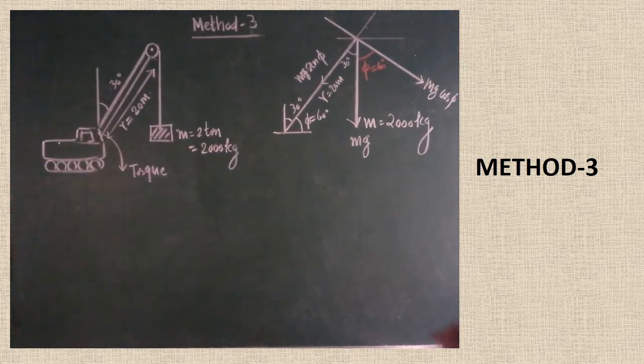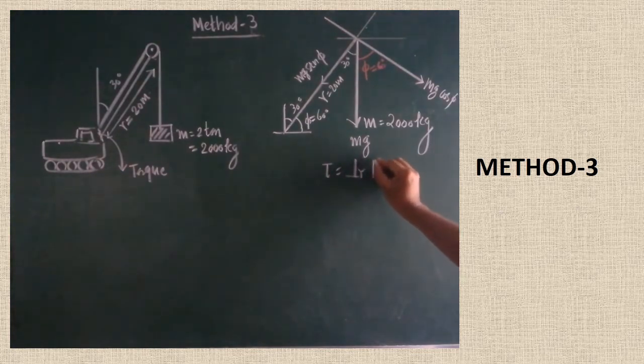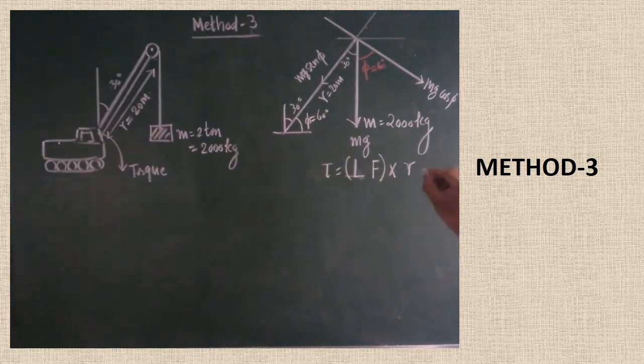Are you clear? Now the torque can be calculated in another form. How will you calculate? The perpendicular component of the force can be multiplied with the arm length. So clear? Any one of them should be taken as the perpendicular component. In the previous case, the perpendicular component of the arm length was taken.